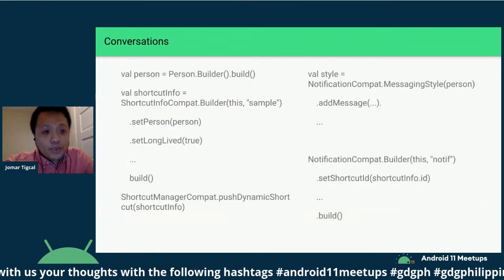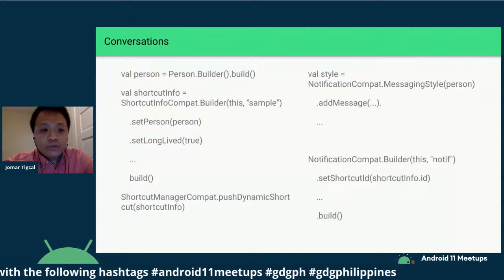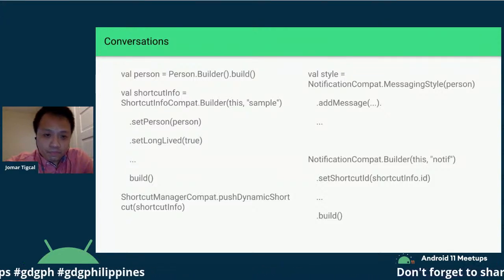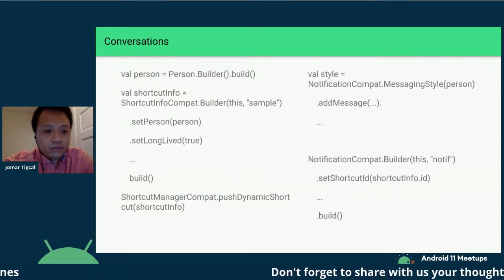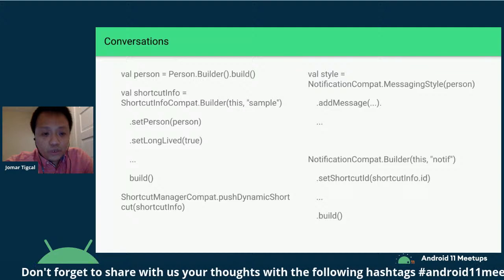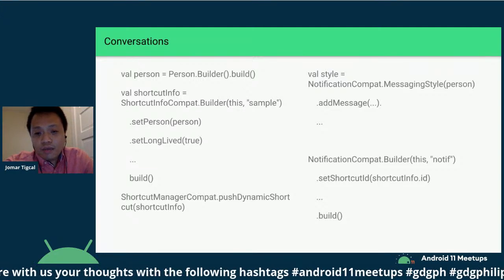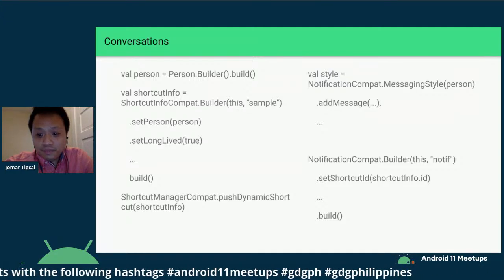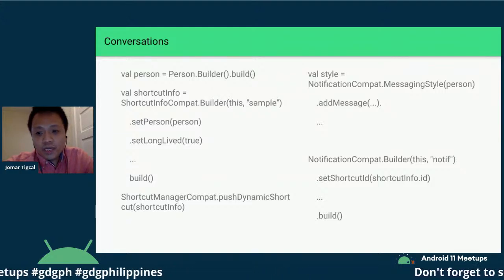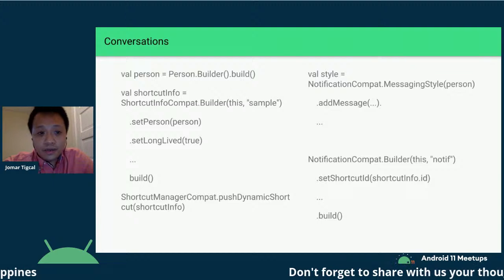Then we set the person, and we also have to set it to long-lived so that it will stay at the top of the notification. Then we have to push or create the shortcut. We can use push to automatically add that single shortcut there.